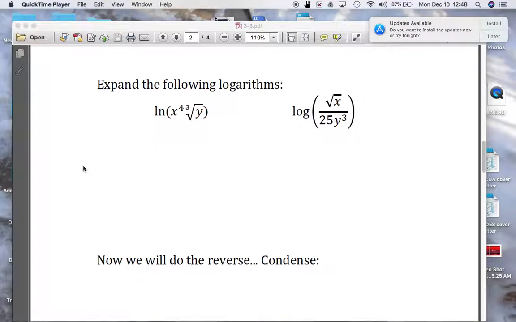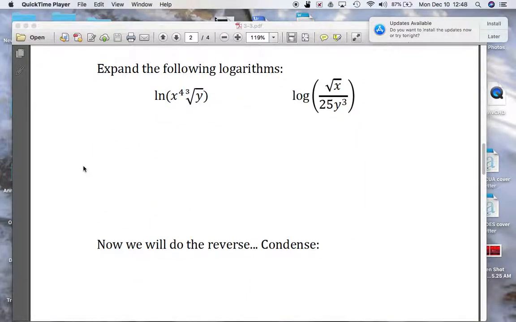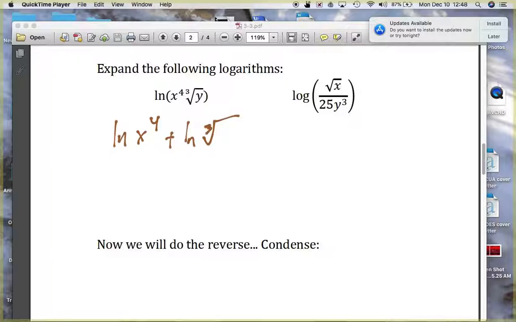Okay? So we can use this to expand logarithmic functions. So first thing, split it up into its different pieces. And then I can move my powers up front. I'd get that. Subtraction, you can do the same thing.